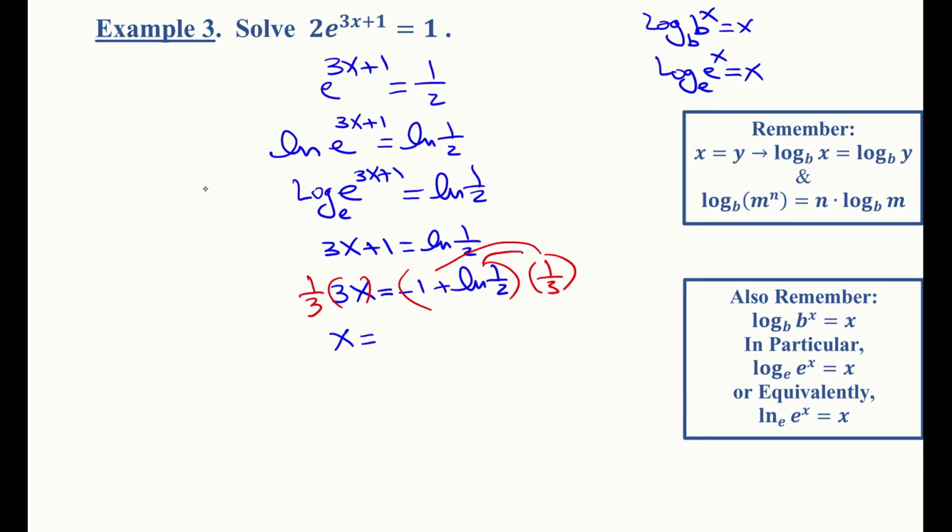On the right side we get -1/3 plus 1/3 ln of 1/2, like that. Again, this of course is the exact answer. If we needed to, we could always plug that into a calculator to get an approximation if we need it for a certain project.